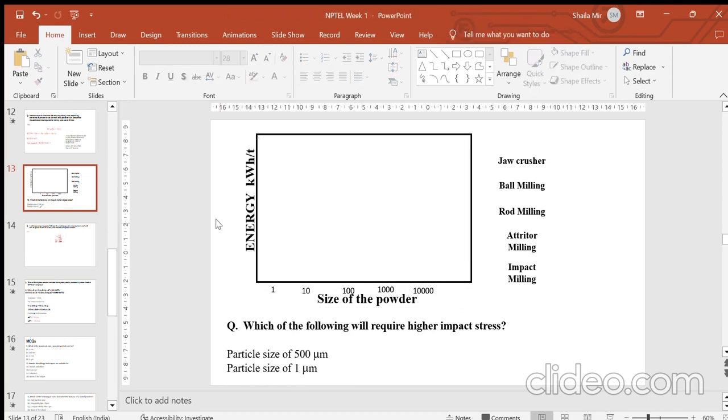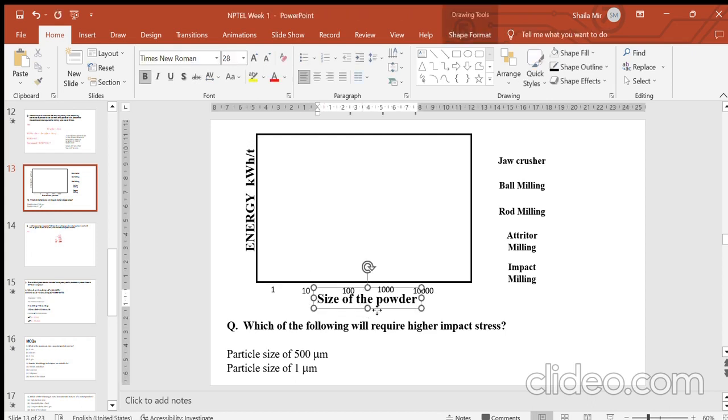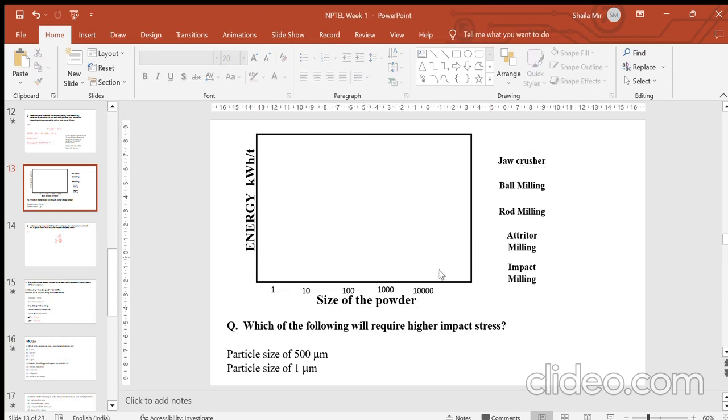So this is the size of the powders. You can see the powder size increases this way, and here is the energy. You can put energy in the form of, for example, kilowatt hour per ton maybe, right?